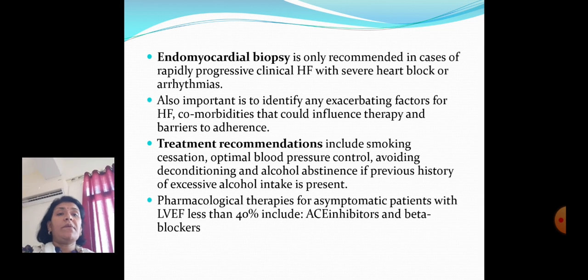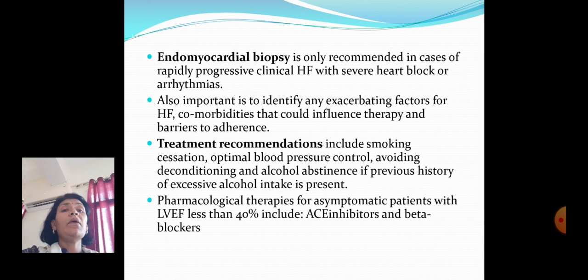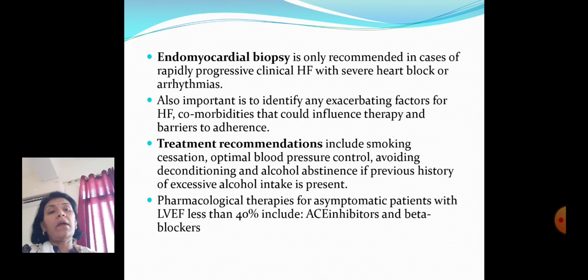Endomyocardial biopsy is only recommended in cases of rapidly progressive clinical heart failure with severe heart block or arrhythmias. Also, it is important to identify any exacerbating factor for heart failure or comorbidities which can influence the therapy and can be a barrier to the adherence of the therapy.